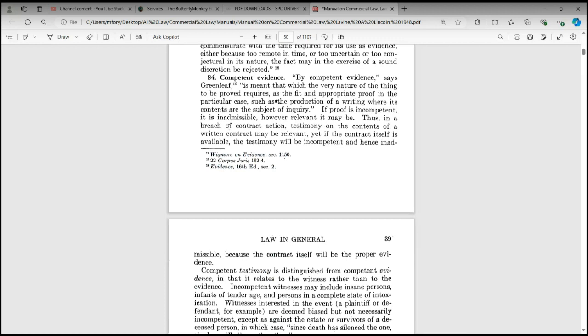Thus, in a breach of contract action, testimony on the contents of the written contract may be relevant. Yet, if the contract itself is available, the testimony will be incompetent and hence inadmissible, because the contract itself will be the proper evidence.